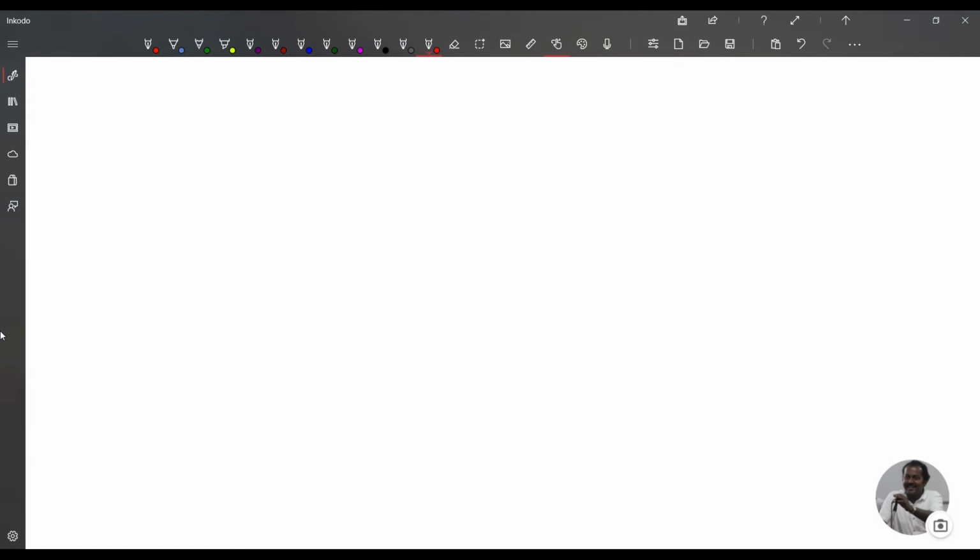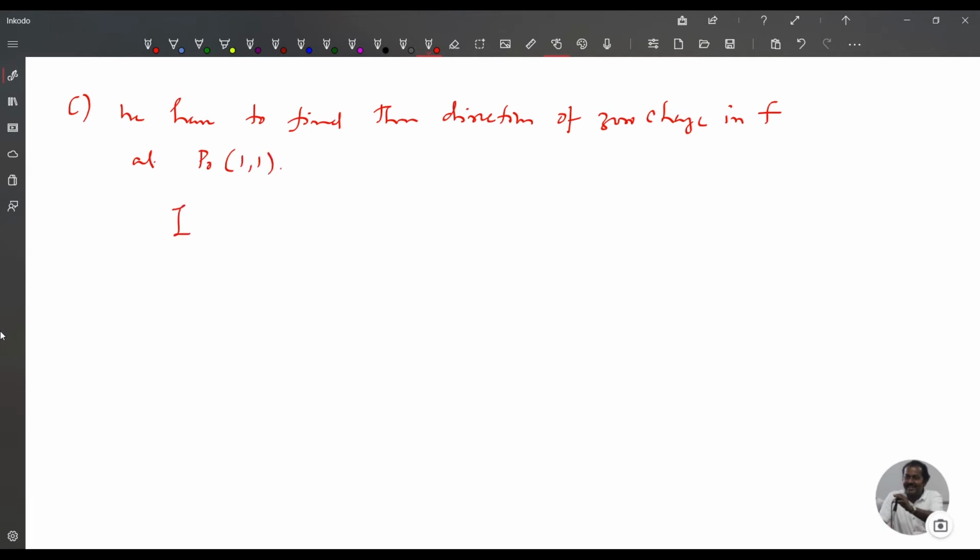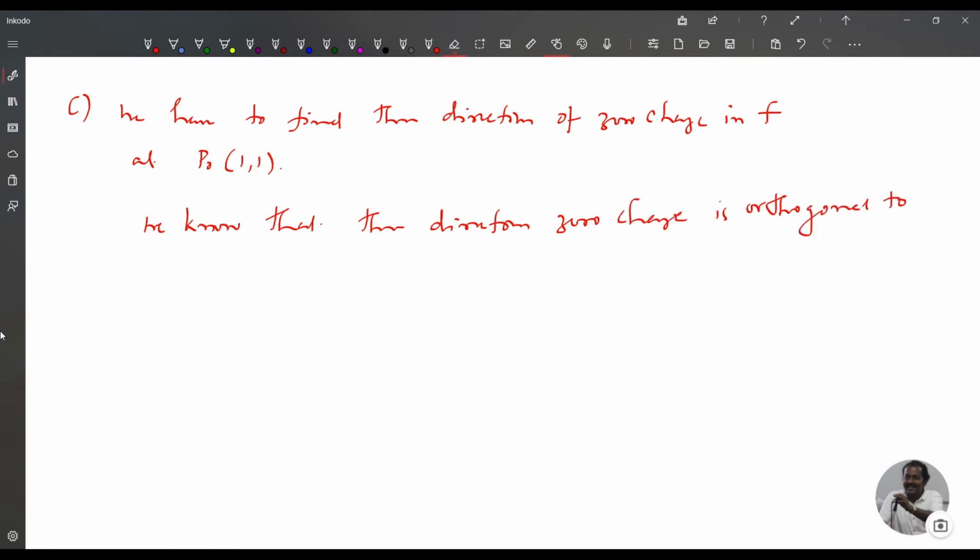Now we prove C. We have to find the direction of zero change in f at p naught (1,1). We know that the direction of zero change is orthogonal to del f.